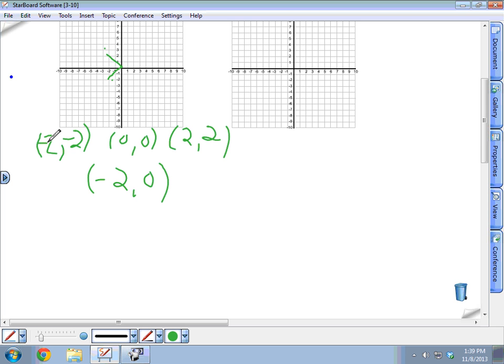Is there anybody that's still not clear? If you're still not clear, you've got to ask. What part are you having a hard time with? This is your y's here. Those are your x's there. The horizontals are your x's, and the verticals are your y's.